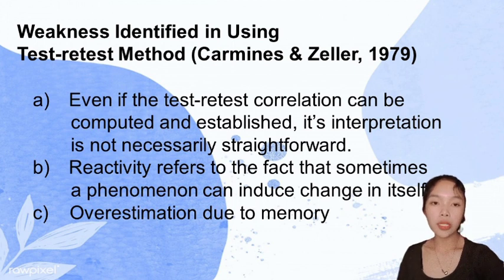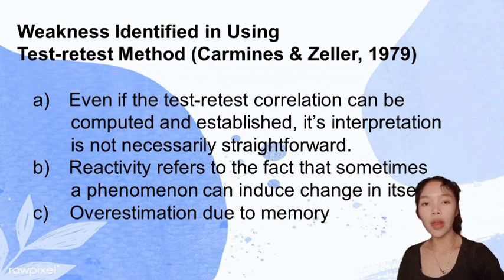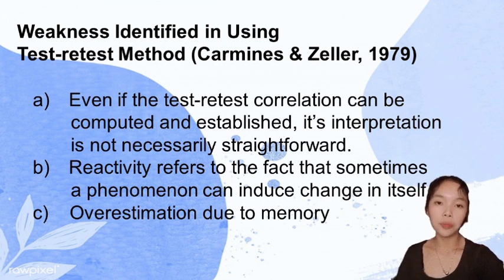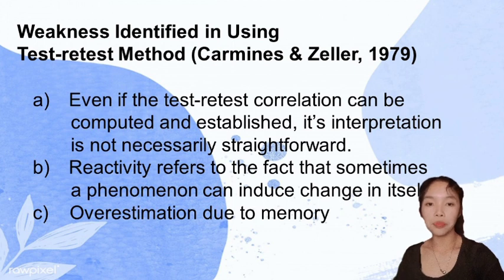A low test-retest correlation may not indicate that the reliability of the test is low, but may signify instead that the underlying theoretical framework has changed. The longer the time between measurements, the more likely the concept has changed.